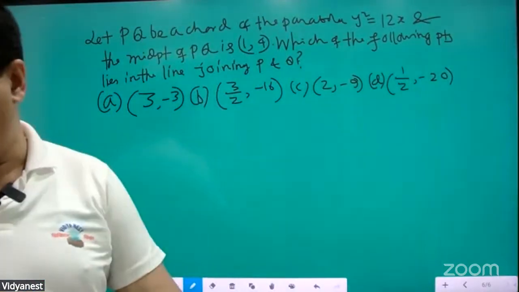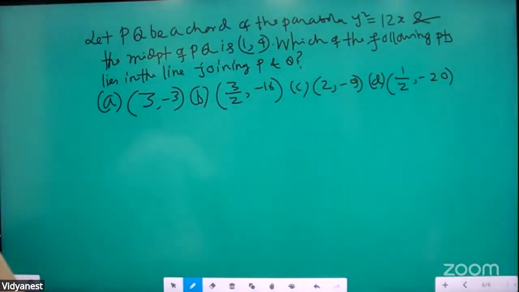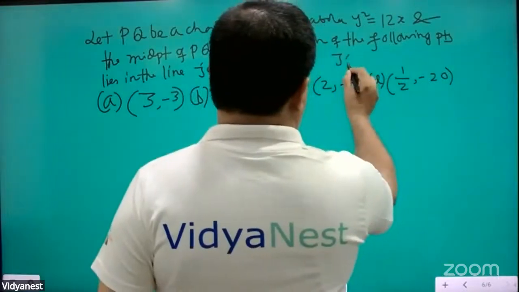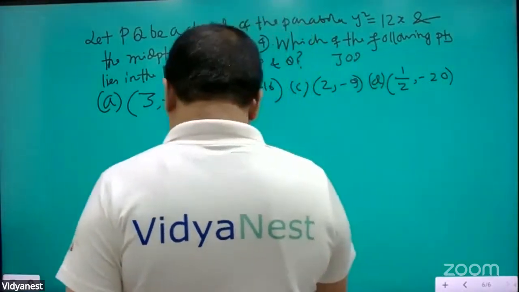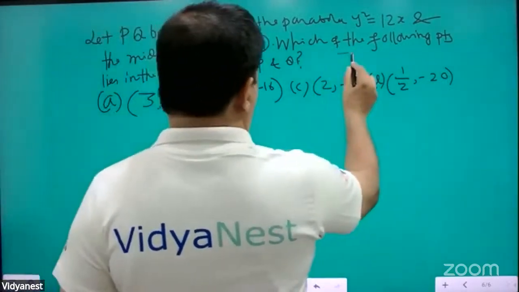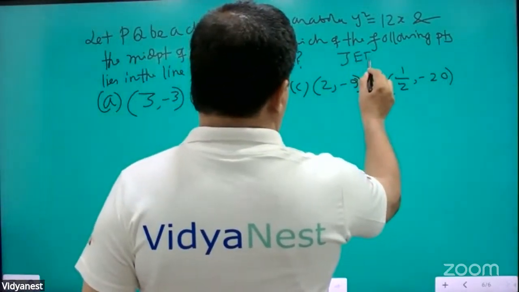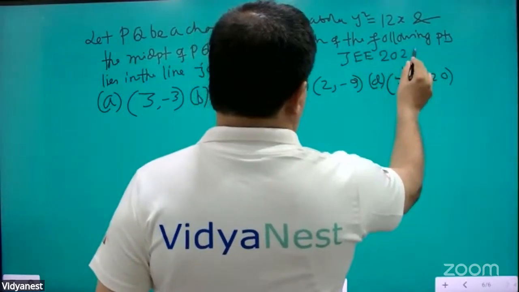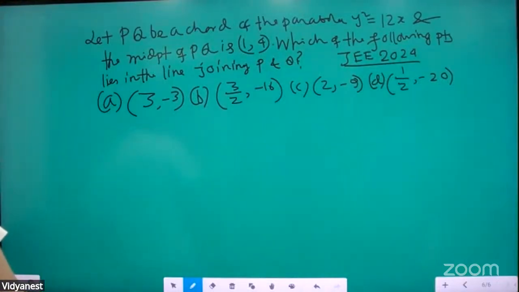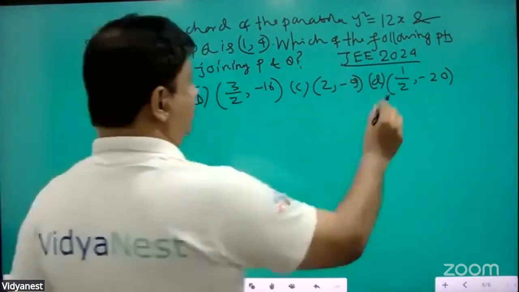This sum came where? In a recent past JEE, last year. This came in JEE 2024, shift 4th April.